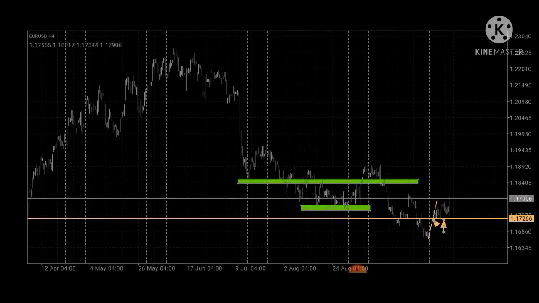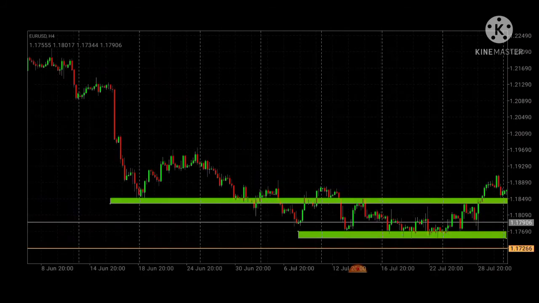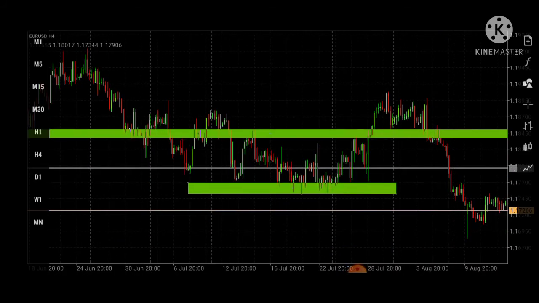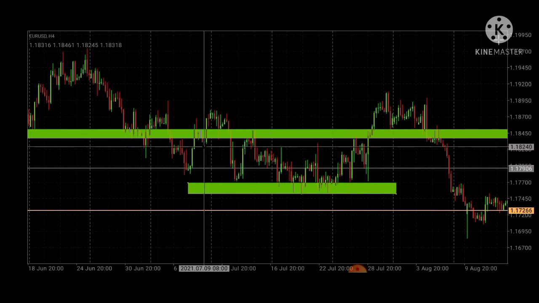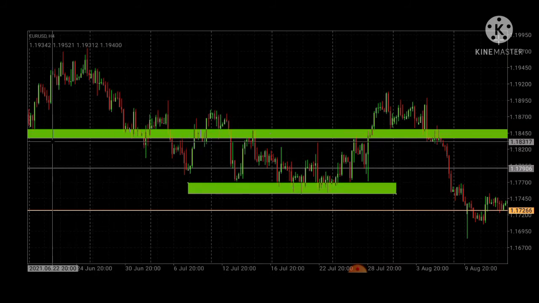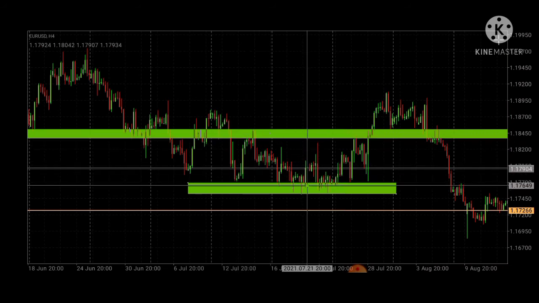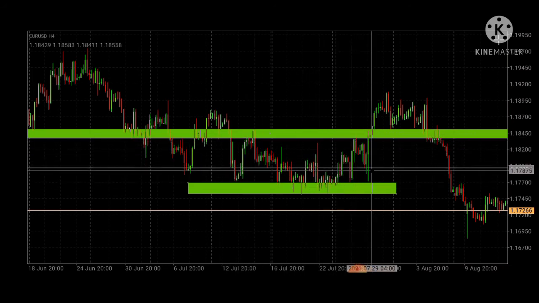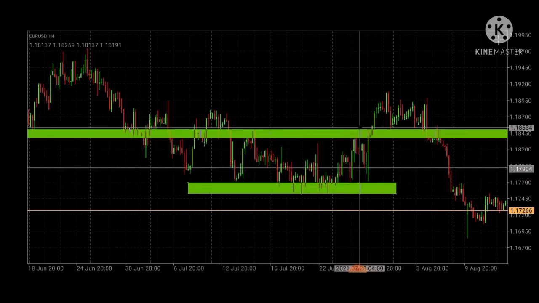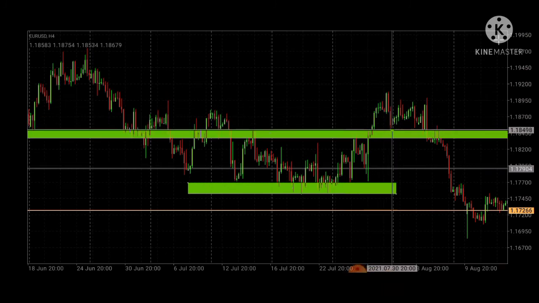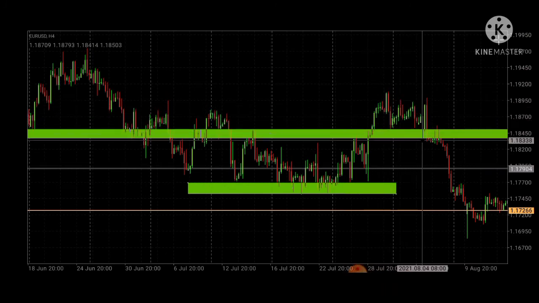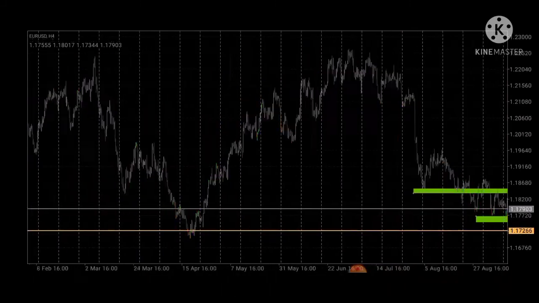I'll zoom in a bit. So after the whole manipulations that happened there, this particular support became a resistance for it to drop the price down here, and came back here and dropped it back again. Now it pushed up, it came back to test this zone, pushed it up again. So this is what happens at support and resistance line.